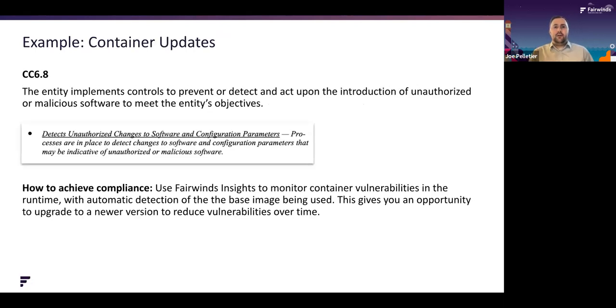Finally, there are requirements around being able to detect any sort of unauthorized changes to the software configuration parameters. I think there's a number of different ways you could achieve this, right? One of the things that Fairwinds Insights can do is monitor your container images to understand what base image is being used, and recommend if you need to be upgrading to a newer base image to reduce vulnerabilities.